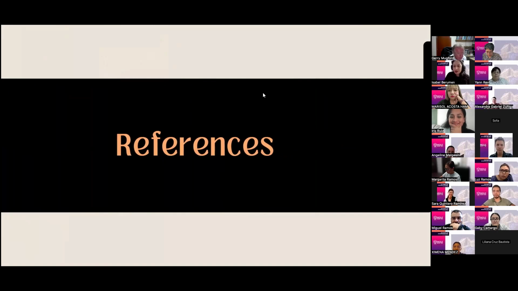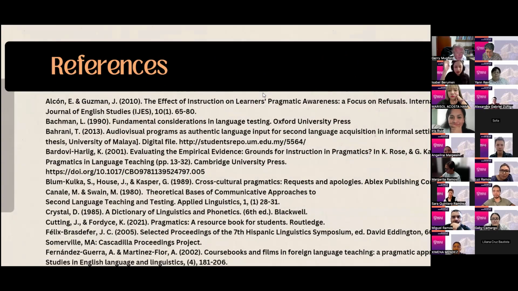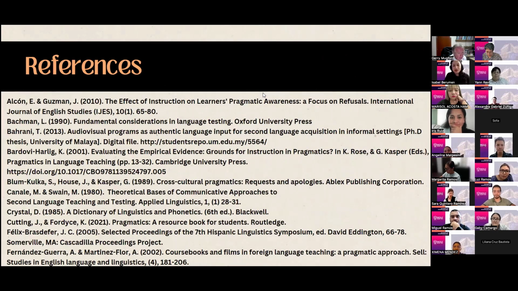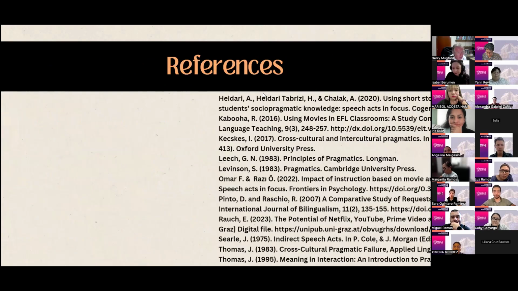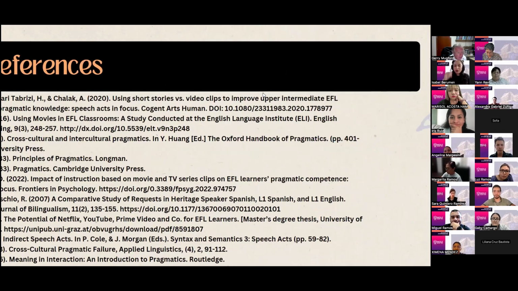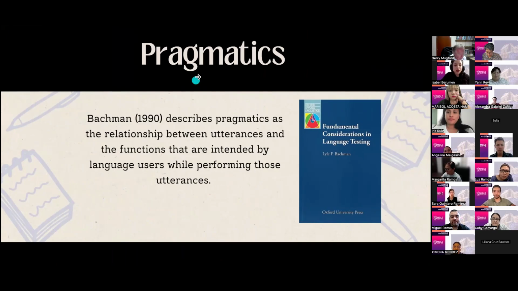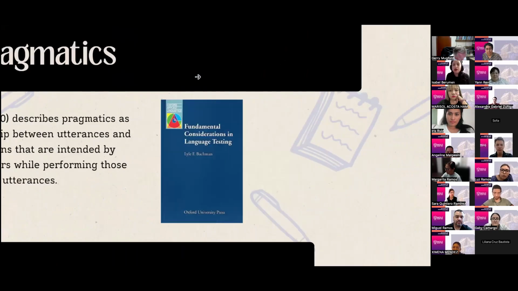So talking about my references, here I have all my references and I will highlight some of them, with some important ideas. For example, Bachman describes pragmatics as the relationship between utterances and the functions that you intend while you perform your utterances. So you speak and there is an intention and a function related to it.